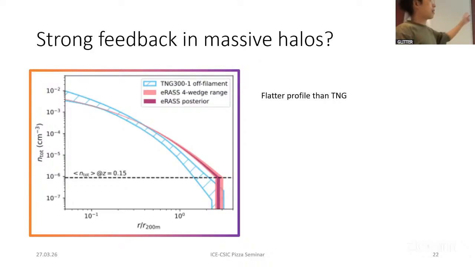And in the outskirts, it drops slower. So the gradient is smaller than in TNG. So it tells us there is probably stronger feedback in the real universe on this cluster mass scale of halos.